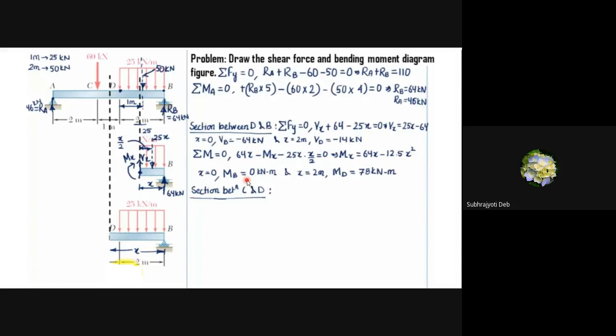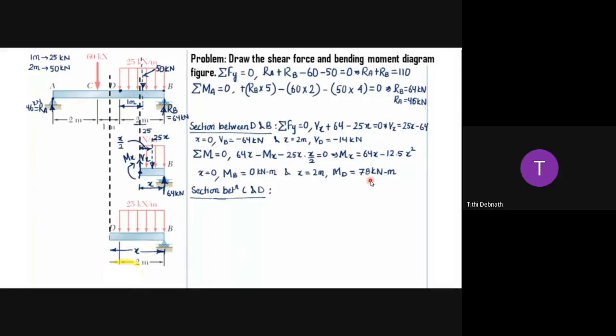Now you wish to find the moment at B and moment at D. So moment at B, that is MB, x is equal to 0, distance is 0, it will give you 0 kilonewton meter. And if x is equal to 2 meter, you will get MD. Just put the value of x as 2 in this equation. So you will get MD is equal to this value.